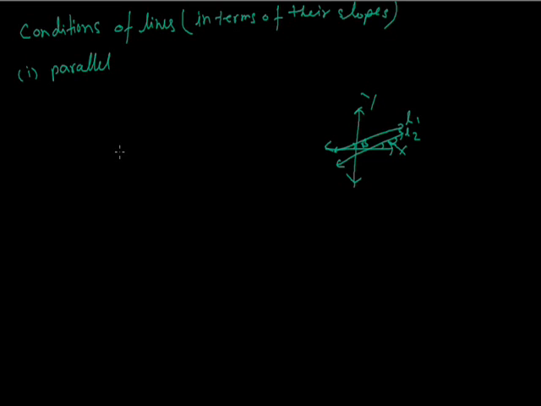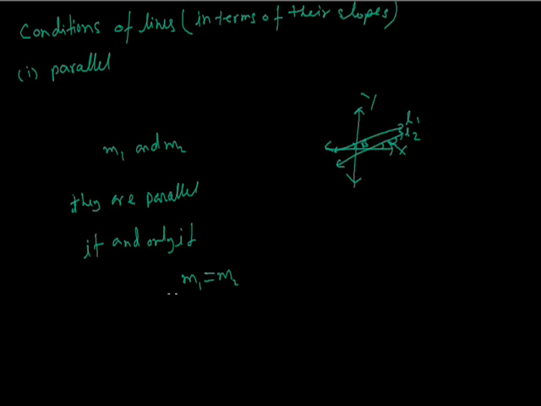So here if L1 and L2 are two lines and m1 and m2 are the slopes of these lines respectively, which means m1 is the slope of line L1 and m2 is the slope of line L2, then they are parallel if and only if m1 is exactly equal to m2, or we can say here alpha is equal to beta.